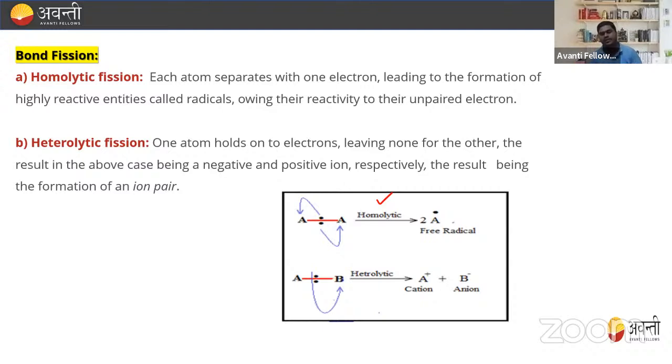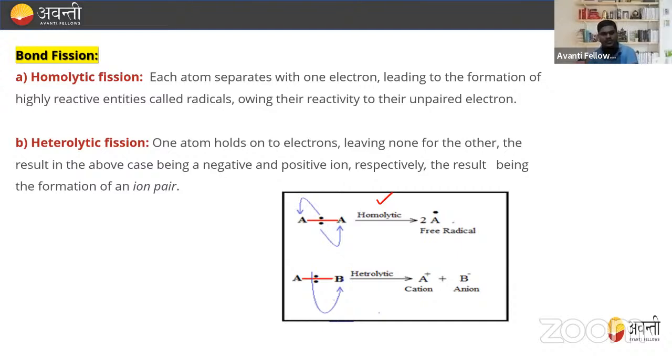For example, with A and B, suppose B is more electronegative, then B takes both the electrons and becomes an anion, and A becomes a cation. So in heterolytic fission, one atom holds on to the electrons, leaving none for the other, resulting in a negative and a positive ion respectively, and thus the formation of an ion pair.